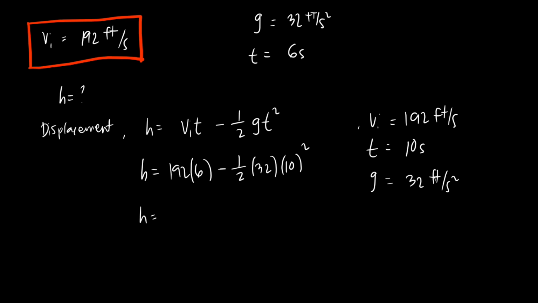The answer is 192 times 10 minus 1 half times 32 times 10 squared. So this is not 6, this is 10. So the answer is 320. The unit is feet. So this is now our final answer.